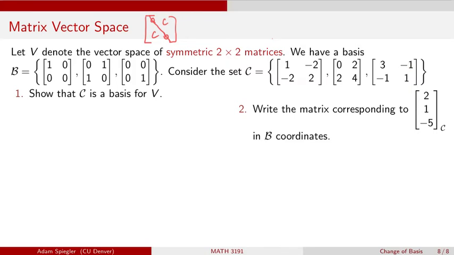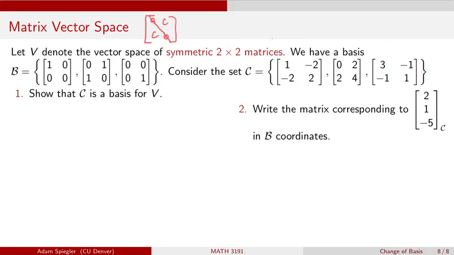So for basis C, the first basis element is the matrix that has first column 1, minus 2, and second column minus 2, 2. And then the second element in this basis is the matrix whose first column is 0, 2, and second column is 2, 4. And then the third element in this set is the 2 by 2 matrix whose first column is 3, minus 1, and second column is minus 1, 1.